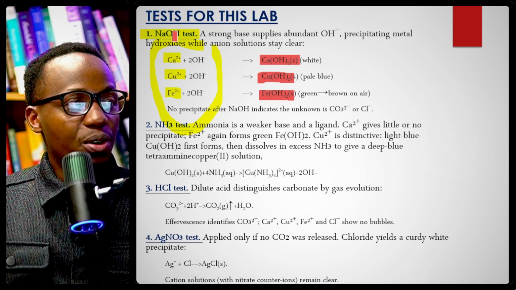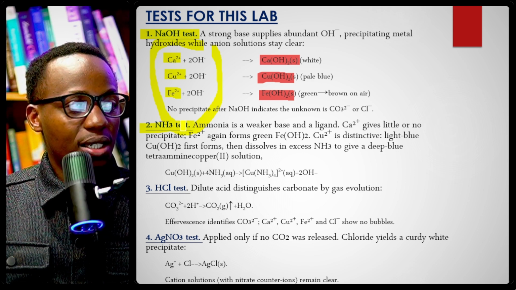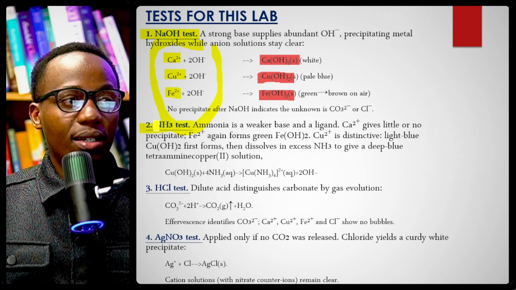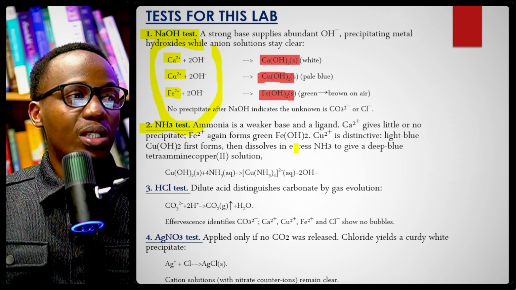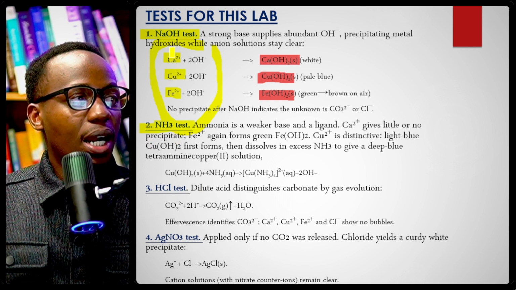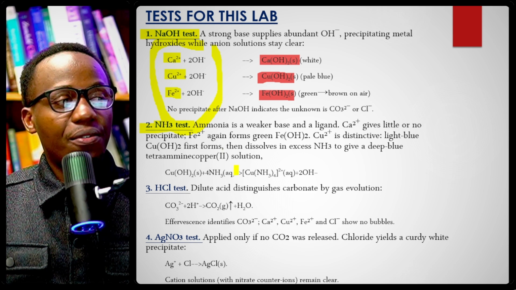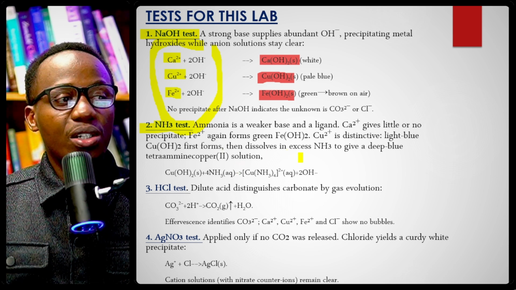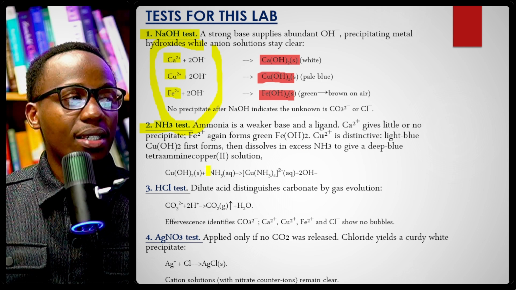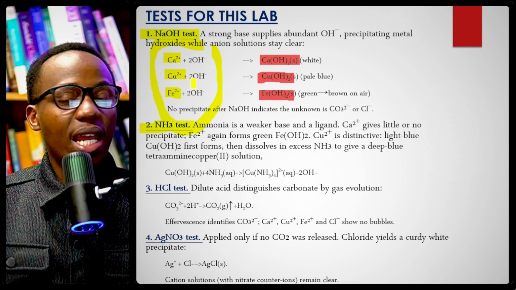Right? So from the NaOH test, we're going to do the NH3 test. That's ammonia, right? Ammonia also is going to bind to calcium, copper, and iron, and we're going to look at different observations, different colors, and these colors are going to be different from NaOH.